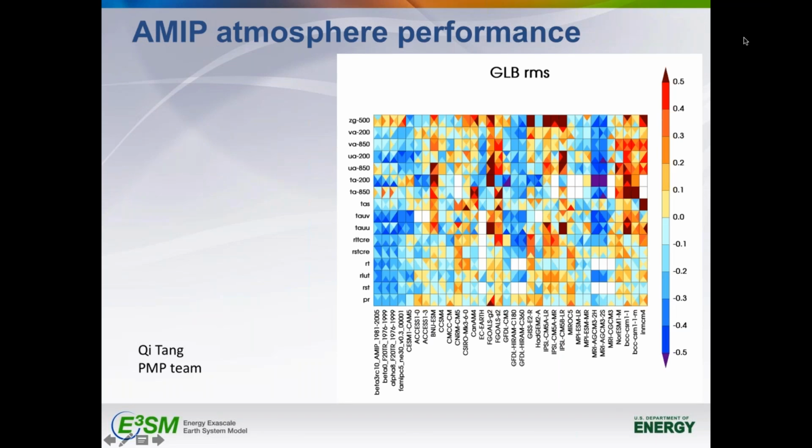So first, let me show you another one of those PMP plots that you're probably familiar with. This is just starting with the evaluation of the atmosphere in AMIP mode. So this is the fixed SST simulation that Cheetah ran with the same atmosphere as Beta 3 RC10. The first few columns are different versions of E3SM.